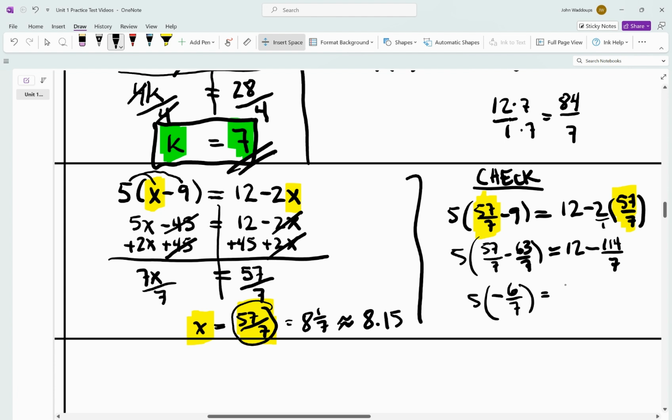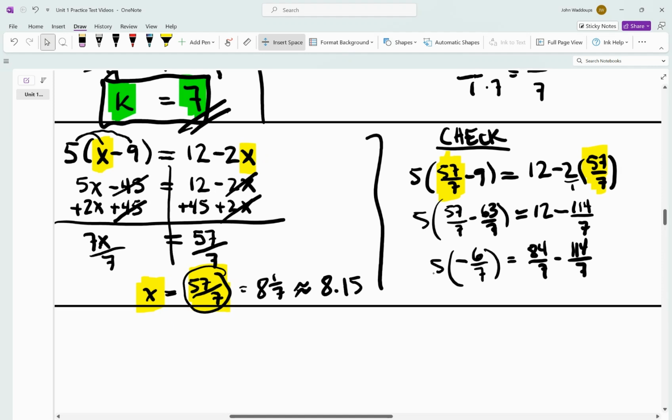And so here I've got 84 sevenths minus 114 sevenths. 5 times negative 6 sevenths, that's negative 30 sevenths, is equal to 84 minus 114. If you take 80 minus 114, you'd get negative 30. So that's negative 30 sevenths.